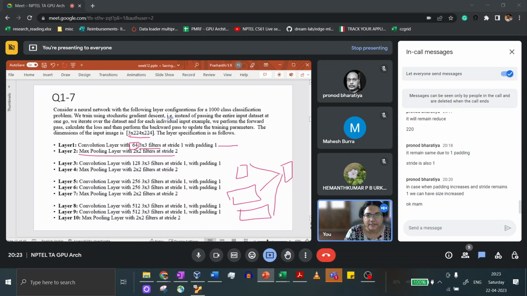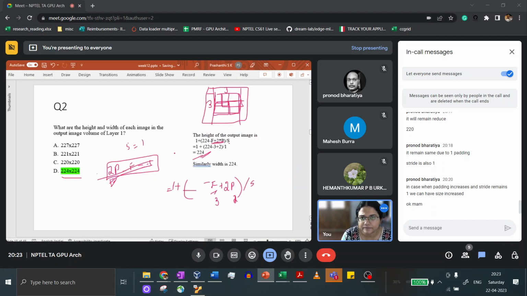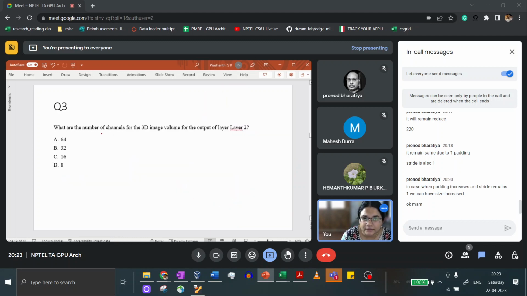You also know the output of layer 1 because we just looked at that. We said there would be 64 channels of dimension 224 cross 224. Now that's the input to this. Think about what the output would be. I'll scroll back. Yeah, this one.